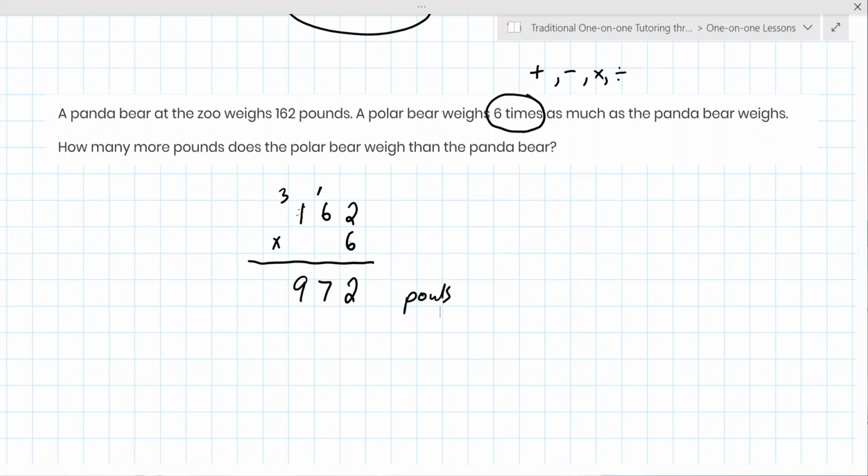Okay, let's go back to one of your other lessons here. I know this one says it's complete, but we'll look at some of these problems here together.